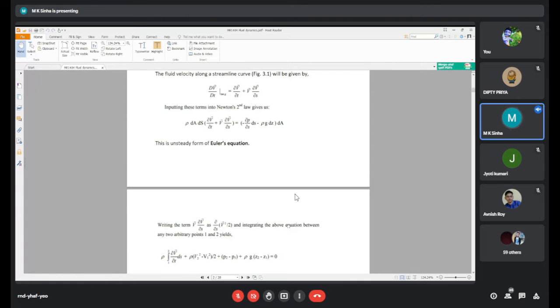Is it correct? Here this convective term, v into del v by del s, we can write as del of v squared by 2 by del s.